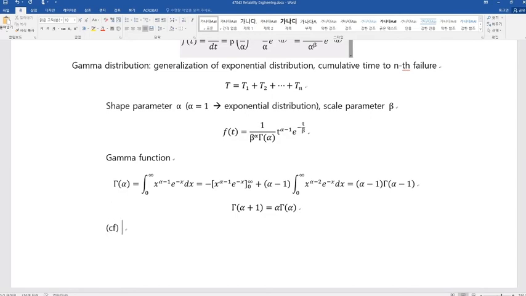What kind of function has this property? You may compare this with factorial. Factorial has the property that n factorial equals n multiplied with n minus 1 factorial.